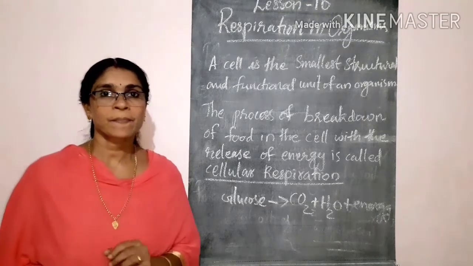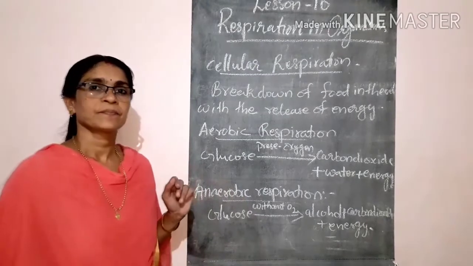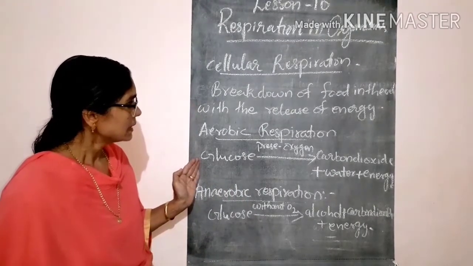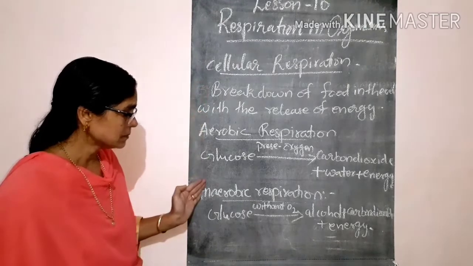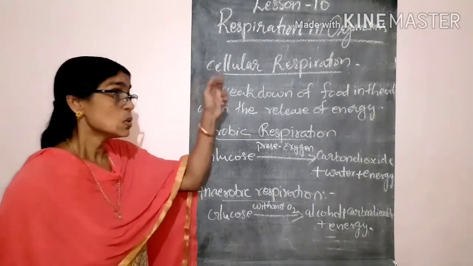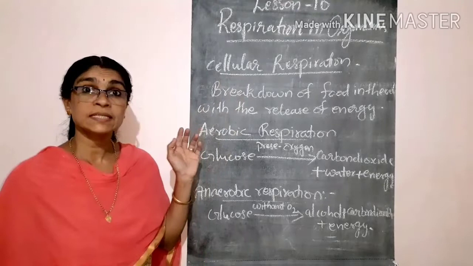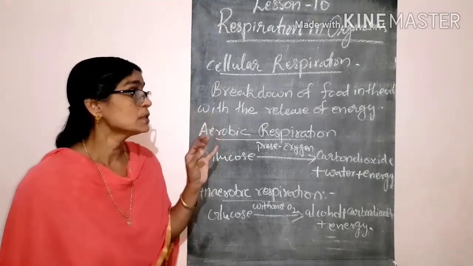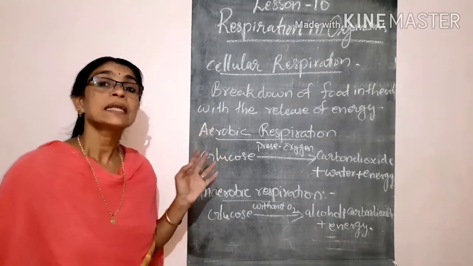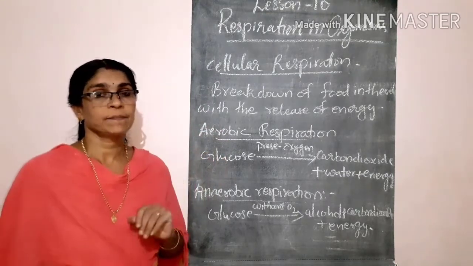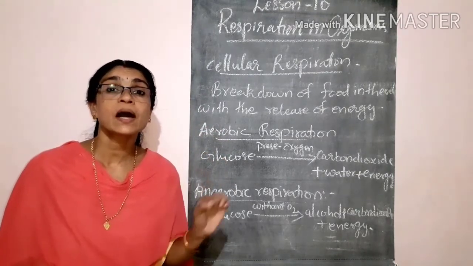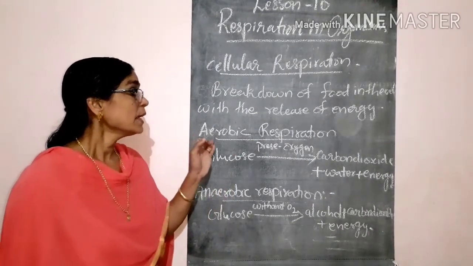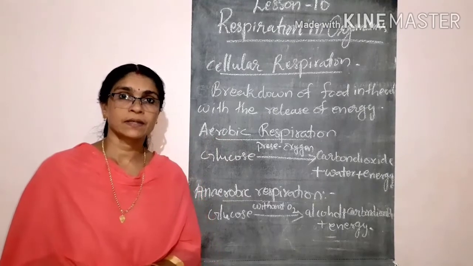Okay. Dear students, now we learn three terms. Cellular respiration, which means the process of breakdown of food in the cells with the release of energy. Another term, aerobic respiration.